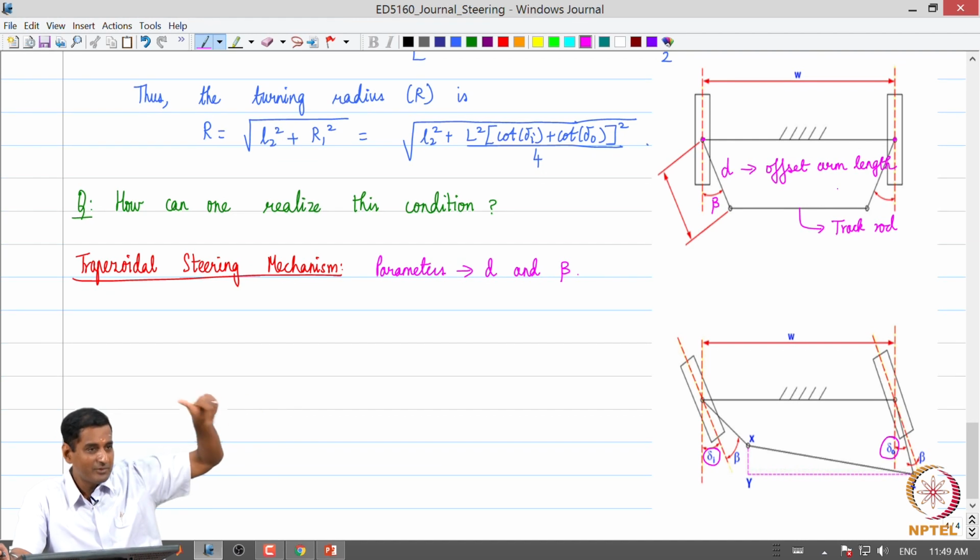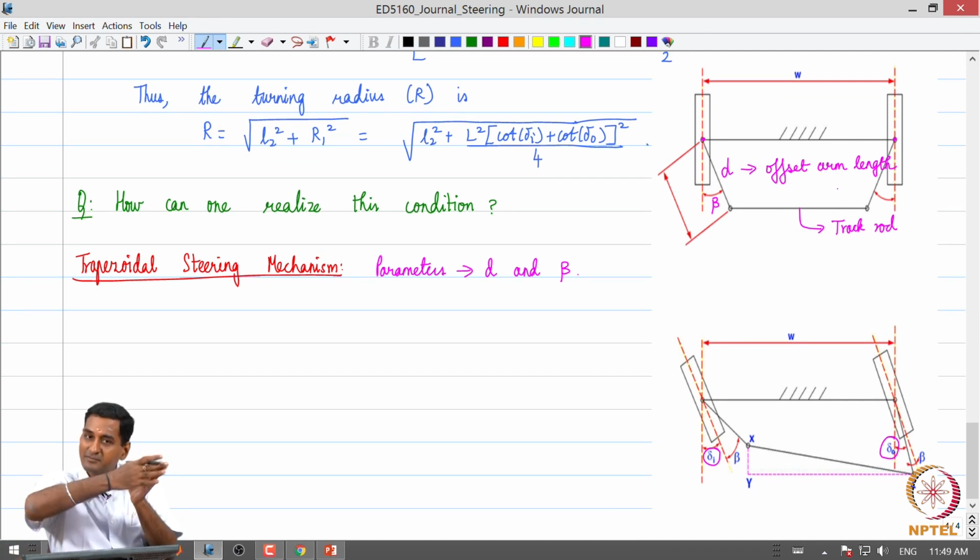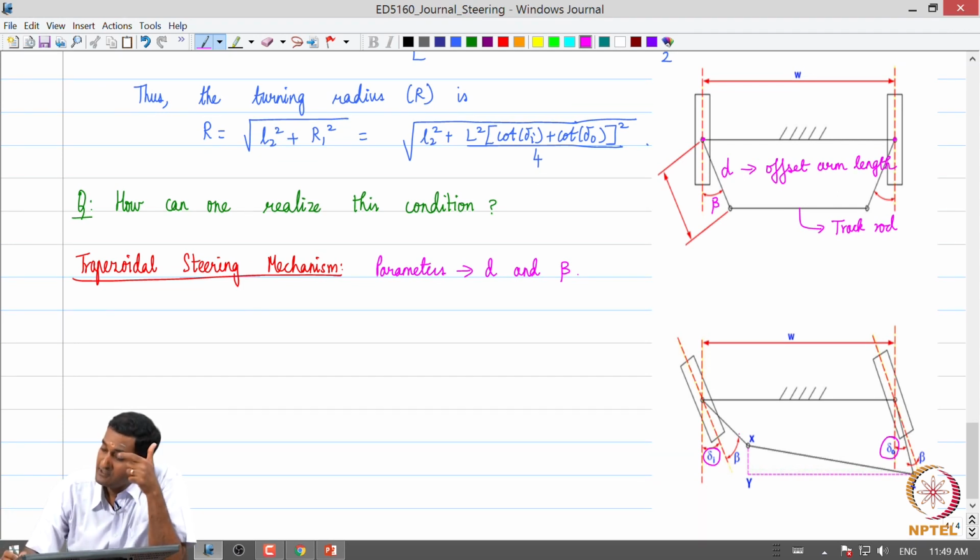It is going to pivot about the kingpin or the ball joint, but they are going to rotate, and so the relative angle between the central wheel plane and the steering arm, the tie rod assembly, is going to remain beta. That is what we can see in this figure. Of course, this is exaggerated, just to convey the point.